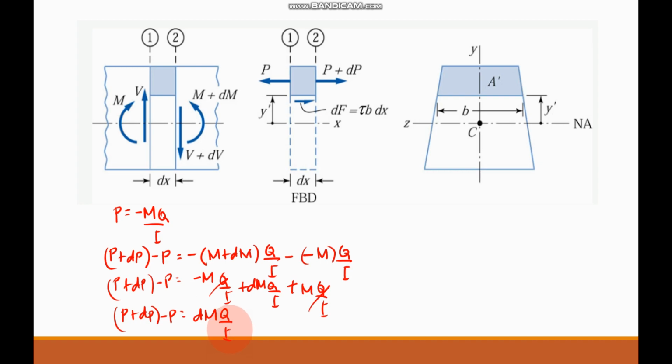Let's consider this as our equation number 1.